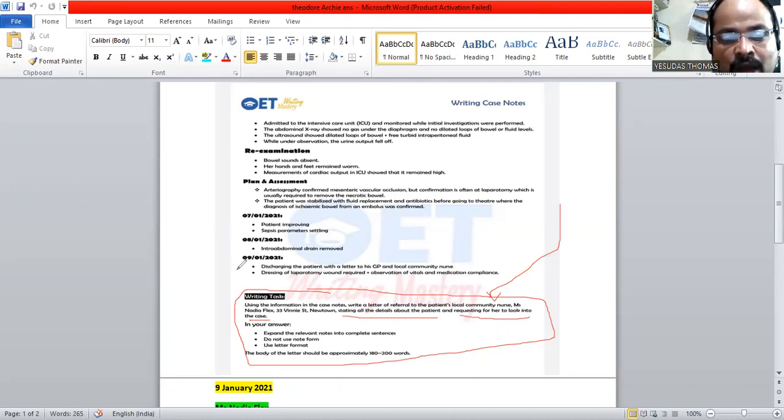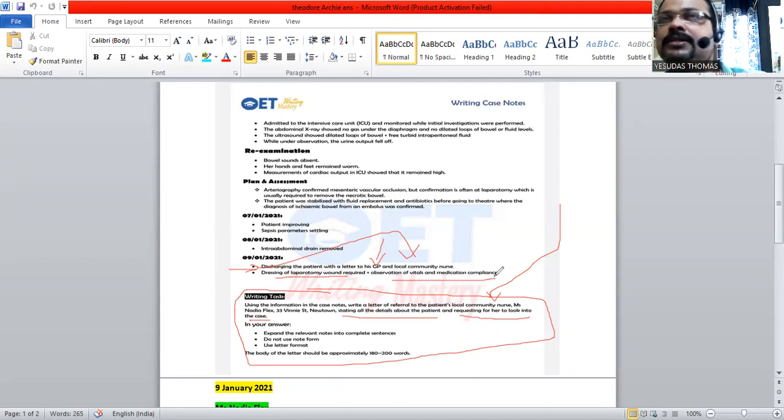We are discharging the patient with a letter to the GP and the community health nurse, and you are instructing the nurse that laparotomy wound care should be there, and observation of vitals and medication compliance.